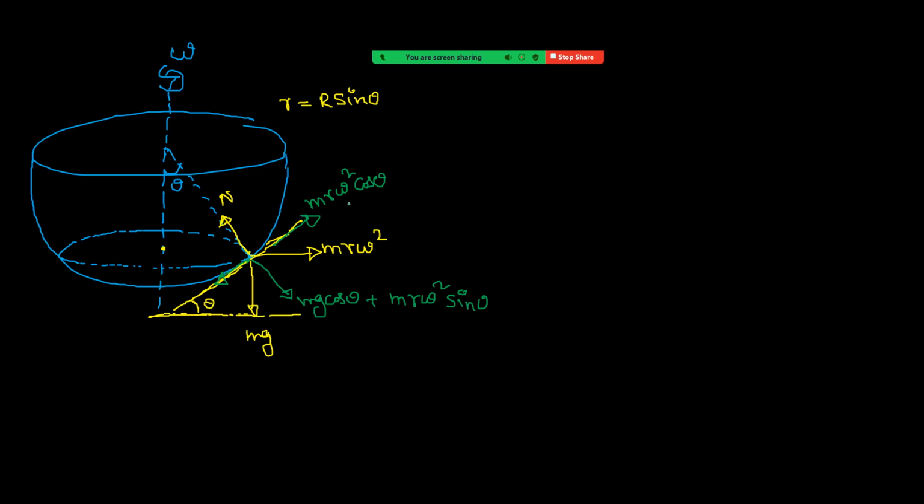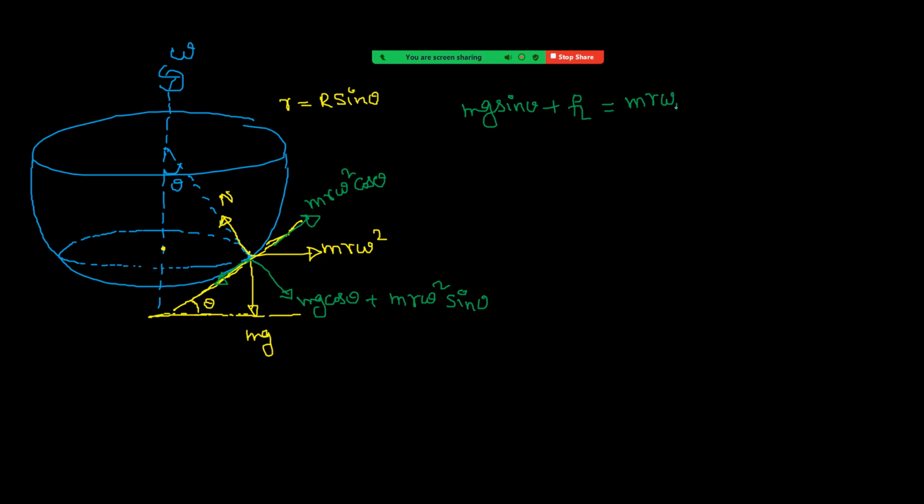So when omega is maximum, when you take the upper limit, it has a tendency of slipping up the bowl. Then friction will be down. So I can write here mg sine theta plus limiting friction, since the tendency is upwards so friction is downwards, that is equal to m r omega square.